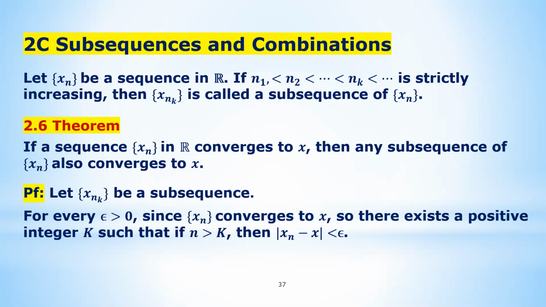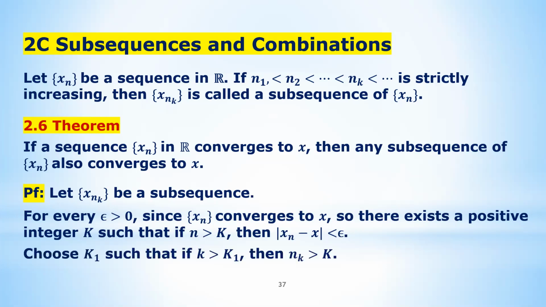That is nothing but the definition of convergence, right? Now let's apply it to the subsequence. Look at the index of the subsequence, n_k. You see n_k itself goes to infinity. So this means that n_k will eventually be greater than K. Therefore, when the index k is large enough, k greater than k1, then n_k will be greater than K. There's no problem, right?